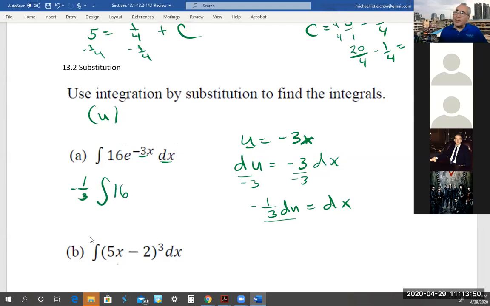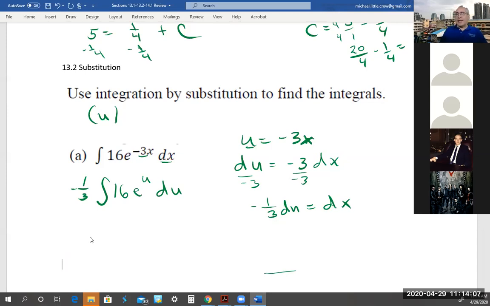I could do the same thing with the 16, but I'll just wait a moment. E to the u du. So notice I made dx, there's the negative 1/3, and there's the du.